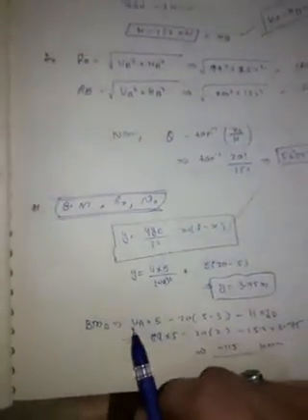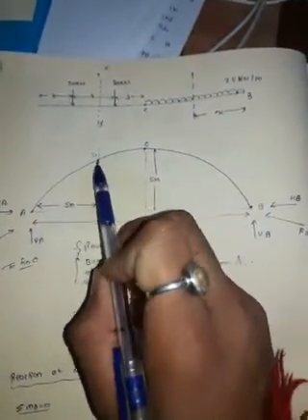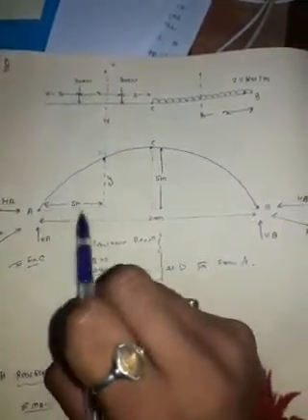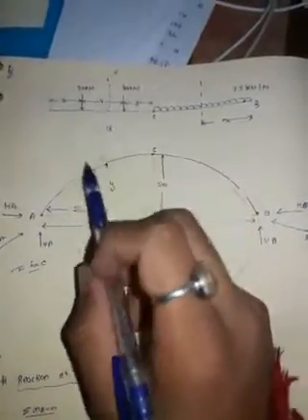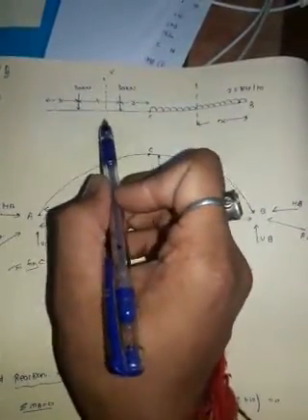So the bending moment at D is equal to VA multiplied by 5, minus 20 multiplied by 5 minus 3, minus H multiplied by y, which is 3.75. VA is multiplied by 5 because this distance is 5 meter.